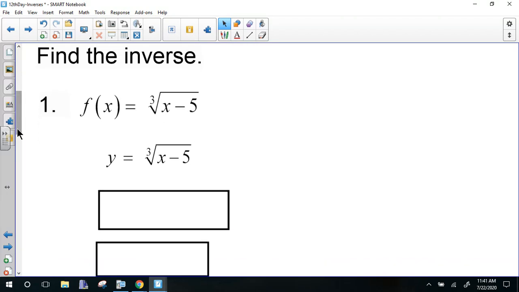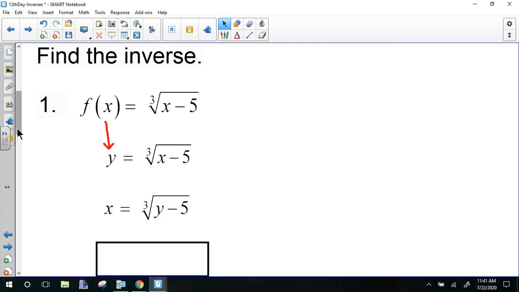So change the f of x to a y. We're going to switch the x and the y. So the y becomes the x, and the x becomes the y. And then we're going to solve for the y.